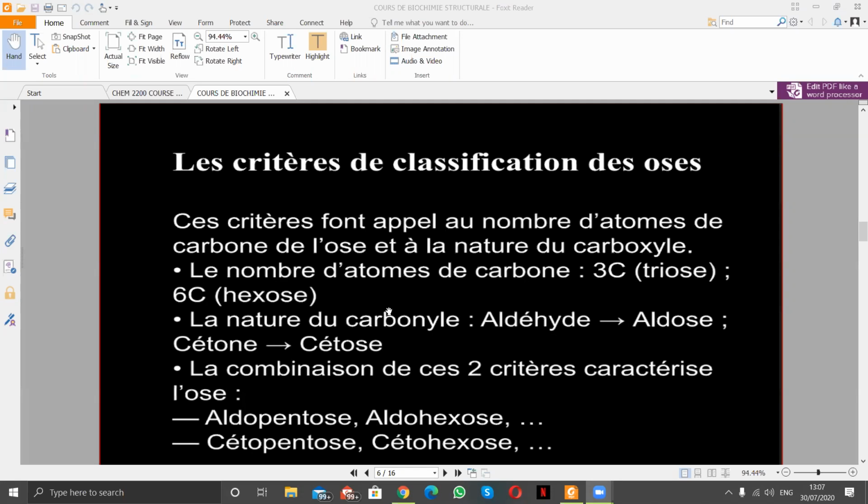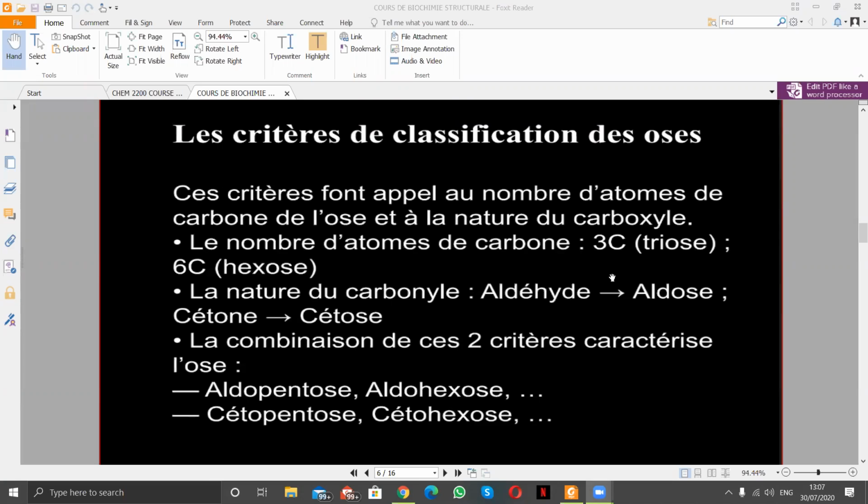Then in French, aldehyde, this is aldehyde. Ketone in French is cétone.